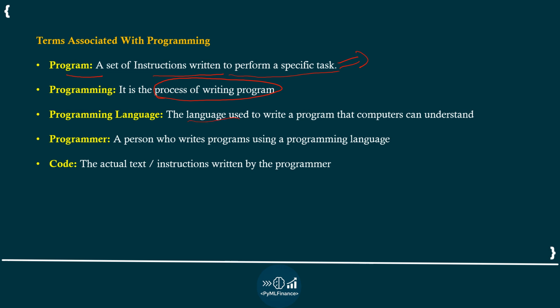It is a language of a computer that computers can understand. The ones who write these programs are called programmers, using a certain programming language. Code, the actual text or instructions that the programmers write, is called your code.